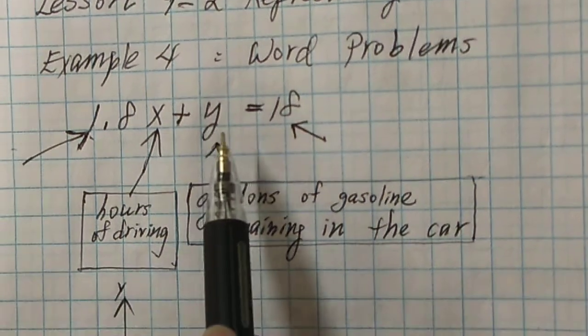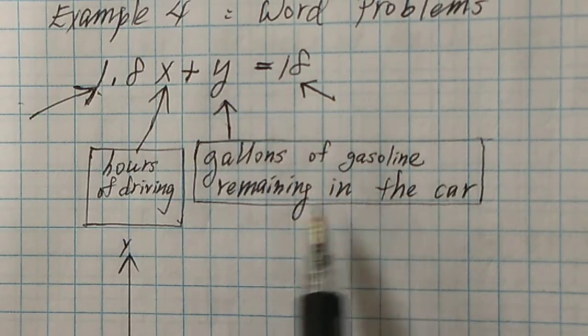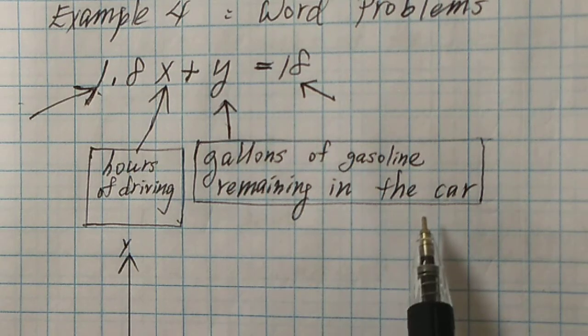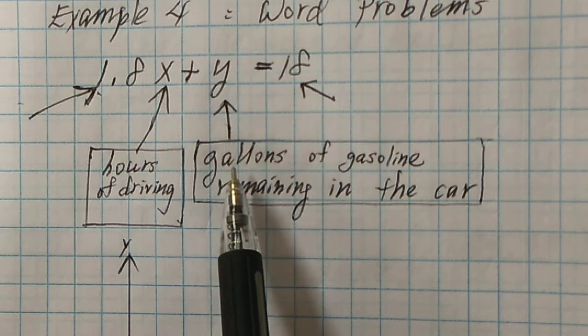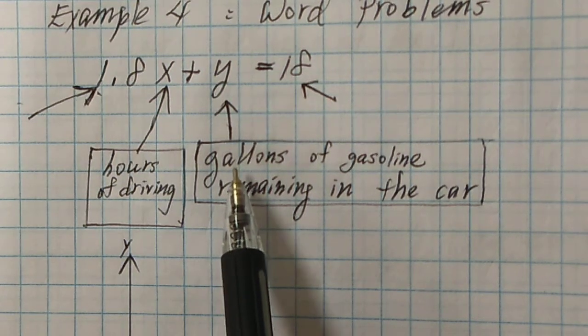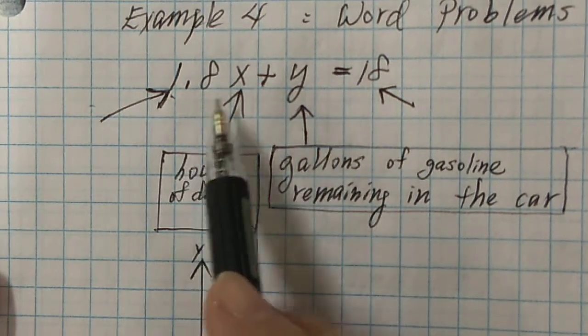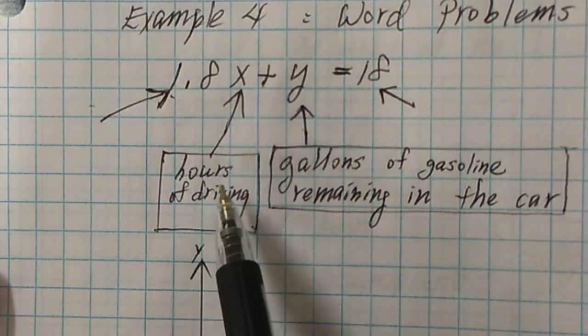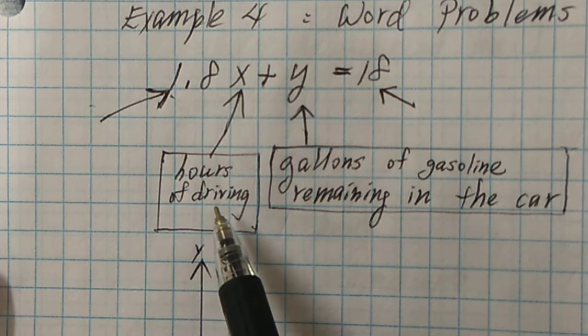They tell you that y is the gallons of gasoline remaining in the car, that is, the gasoline still in the car after driving. And x is the hours of driving that has already been done.